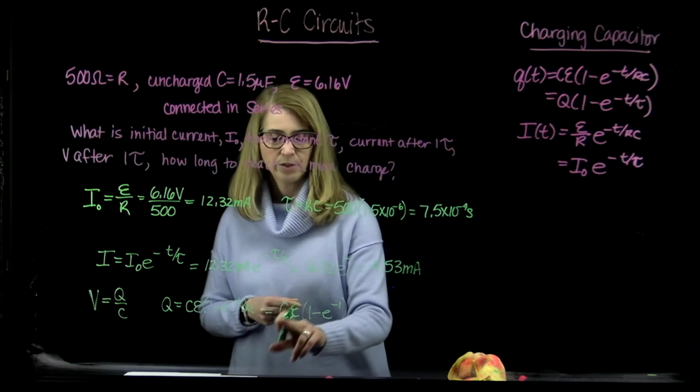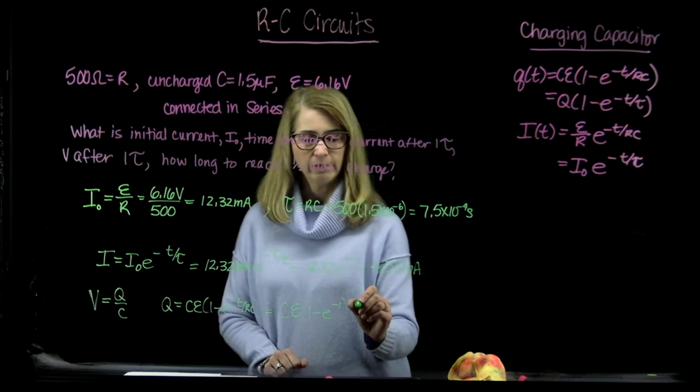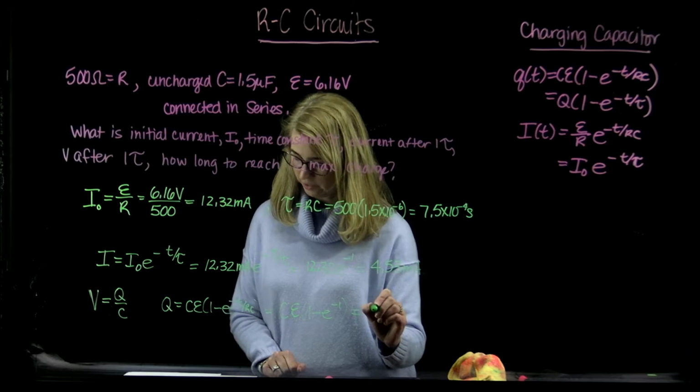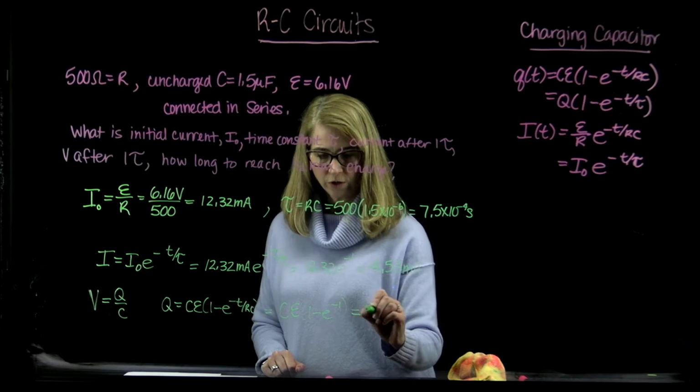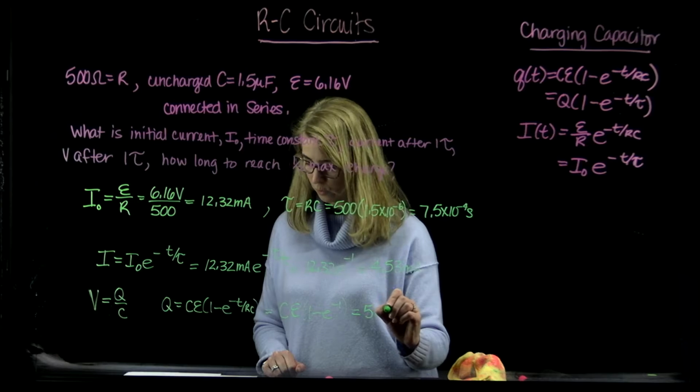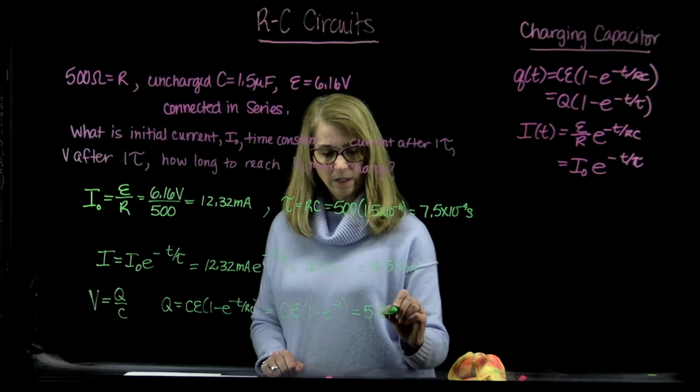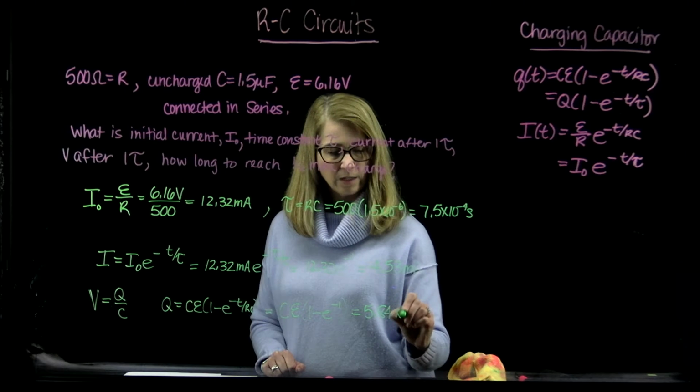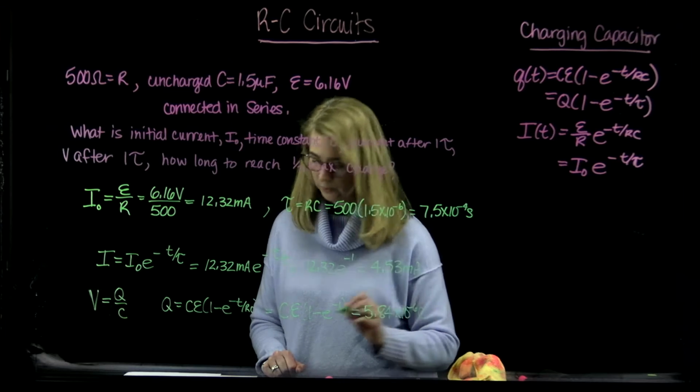And if I replace the values of capacitance and the EMF of the battery, I find that the charge after one time constant is 5.84 times 10 to the minus 6 coulombs.